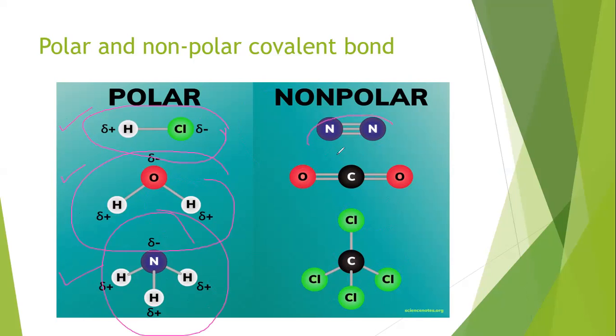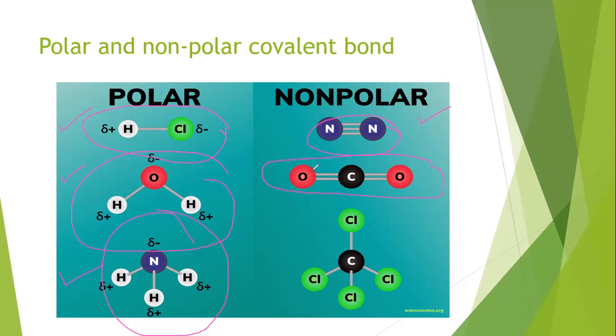Here you can see the homoatomic molecule. Both are nitrogen. Due to the homoatoms, there is no difference of electronegativity, so no charges are formed. Due to that, this is a non-polar molecule. Here you can see there is a difference of electronegativity, but the molecule is linear.